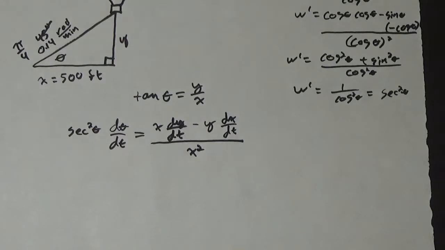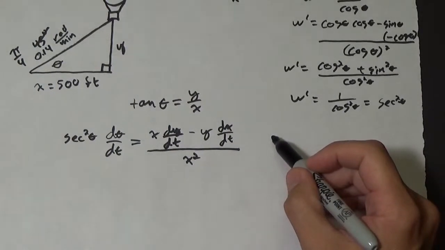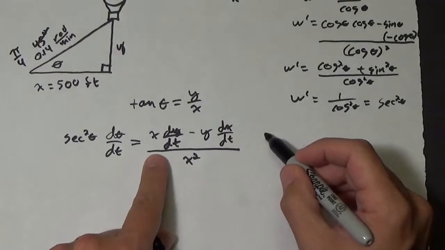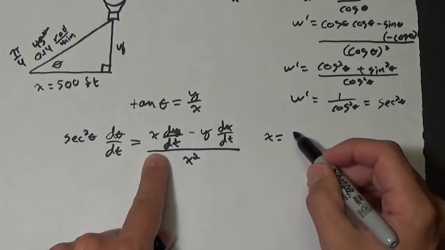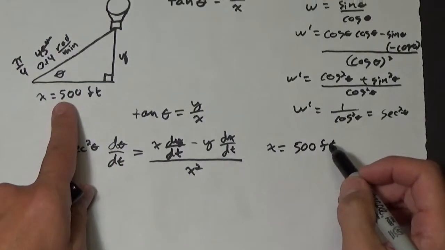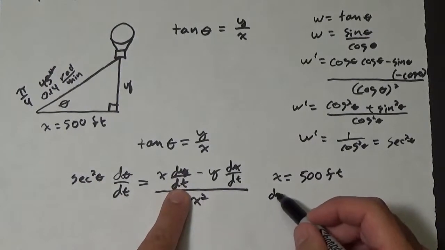All right, so now let's see if we can get all of our information here. So let's start over here. X is 500. That's from here. dx/dt, let's do that next.